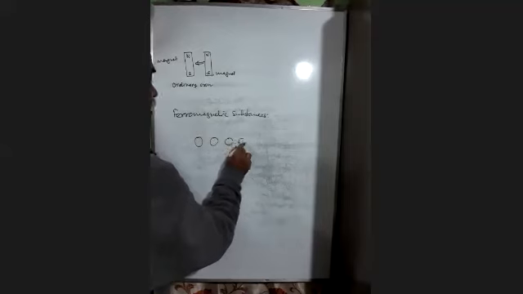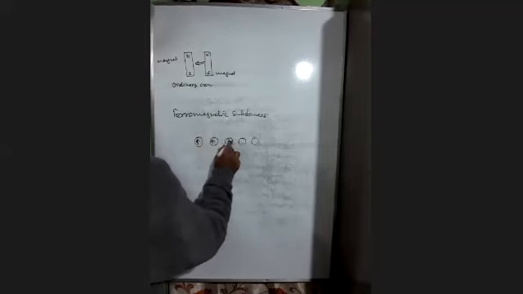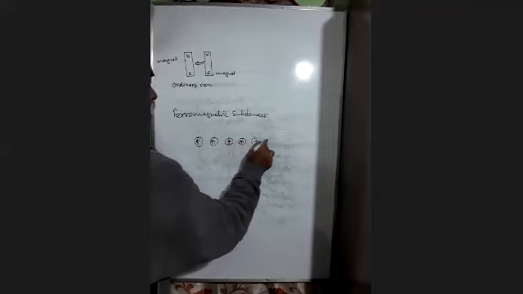What are ferromagnetic substances? In ferromagnetic substances, you'll find they show a permanent magnetic behavior. All the magnetic domains are aligned in one direction. See, these are all magnetic domains, arranged in one direction. So this is called ferromagnetic substances.